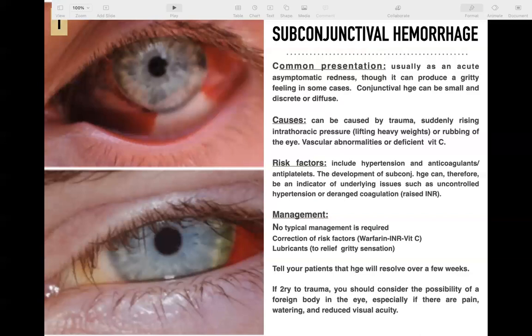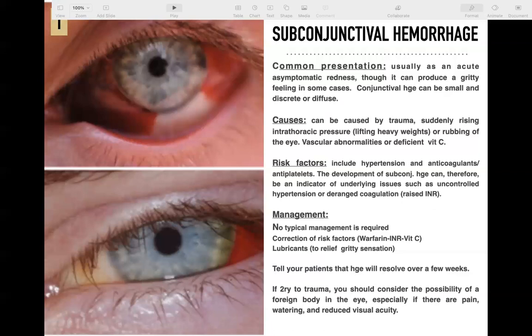So patients who are on anticoagulants and antiplatelets for protection against thrombotic problems or complications, like cardiac patients and patients with a past history of cerebrovascular strokes or thrombotic problems like DVT, are on the anticoagulants and the antiplatelets and may complain of recurrent subconjunctival hemorrhage.